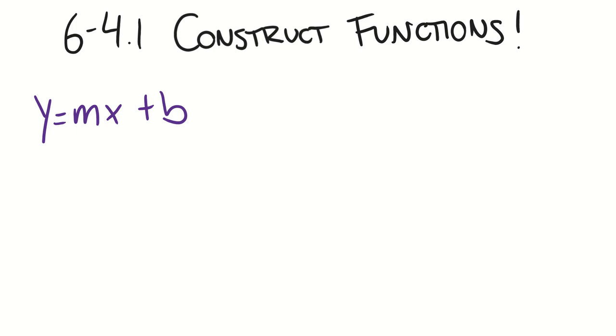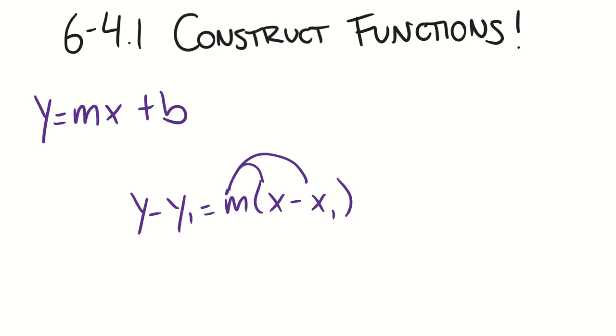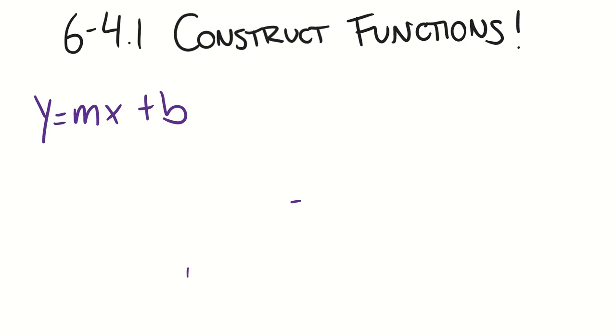So before, when we were given a point and a slope, we would use y minus y1 equals m times x minus x1, plug those values in, distribute our m, get our y all by itself, and we would solve it that way. I'm going to teach you how to do it a different way today that hopefully might make a little bit more sense and might be a little easier for you.